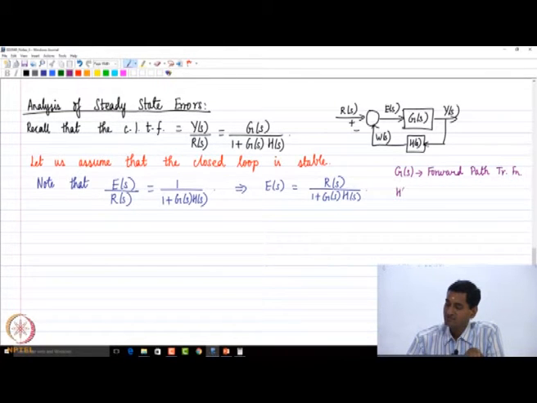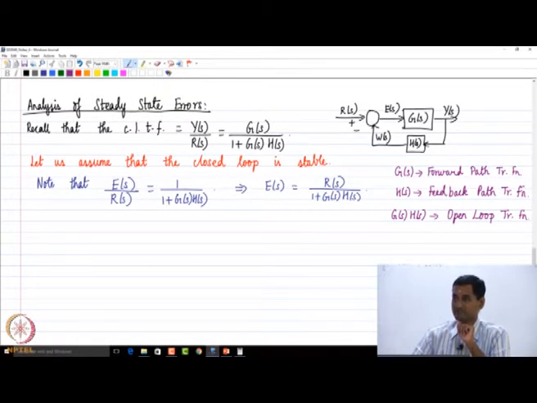H of s is what is called the feedback path transfer function. G of s times H of s is what is called the open loop transfer function. Please remember these terms.